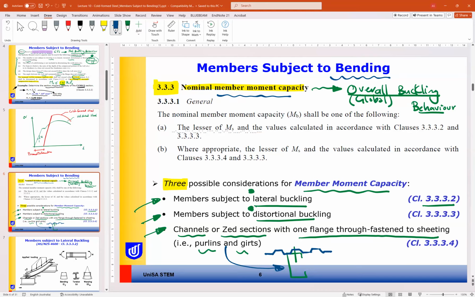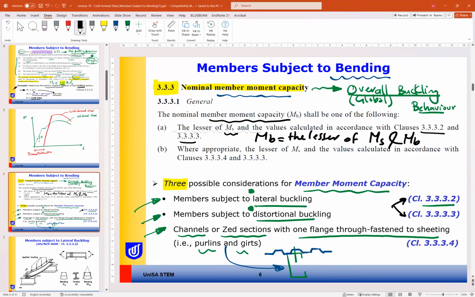In the member capacity, we need to consider whatever is applicable from these three cases, and that's why the standard limits the member moment capacity by the following statements. MB will be the lesser of MS and the values calculated according to 3.3.2 and 3.3.3. So MB is equal to the lesser of MS and MB from clause 3.3.3.2 or 3.3.3.3.